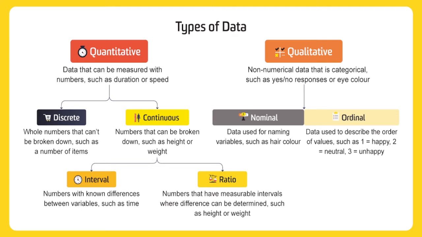But when we are talking about ratio scale, it is numbers that have measurable intervals. I am repeating, in interval scale, it is the difference between variables, but in case of ratio scales, it is numbers that have measurable intervals where difference can be determined, such as height and weight. For instance, you can measure a child's height.